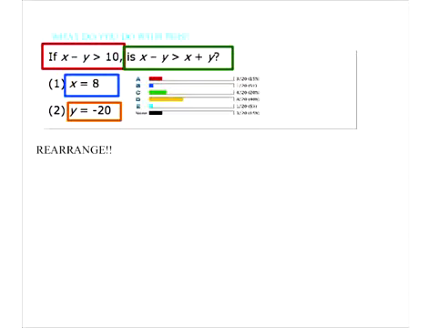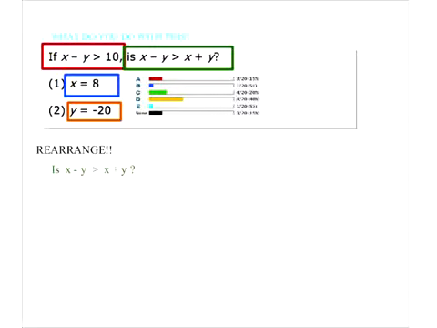In the text box, what is the question in this case? Just the green part. Yeah, the question is just, is x minus y greater than x plus y? So we'll deal with that statement in a second.